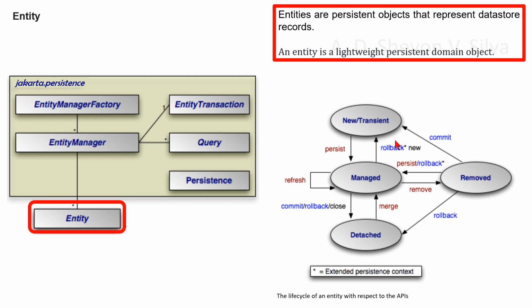A new entity instance has no persistent identity and is not yet associated with the persistence context. A managed entity instance is an instance with a persistent identity that is currently associated with the persistence context.